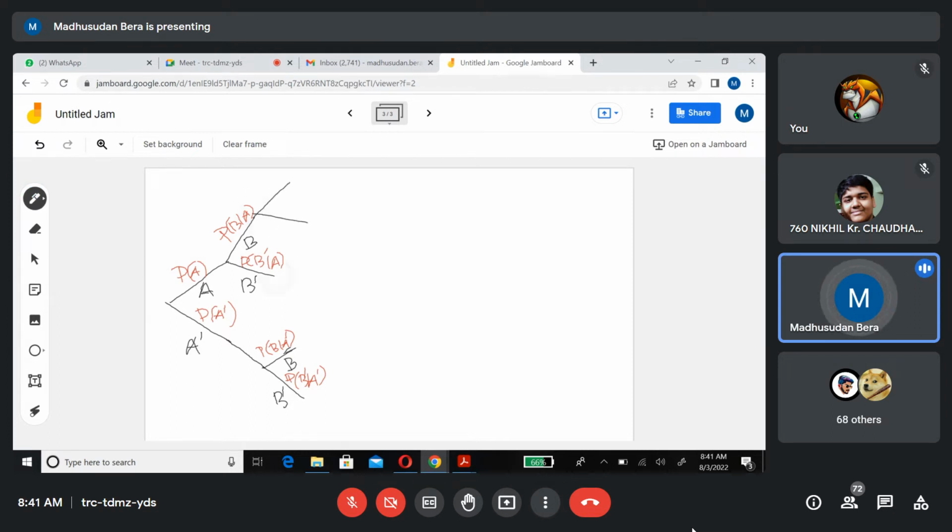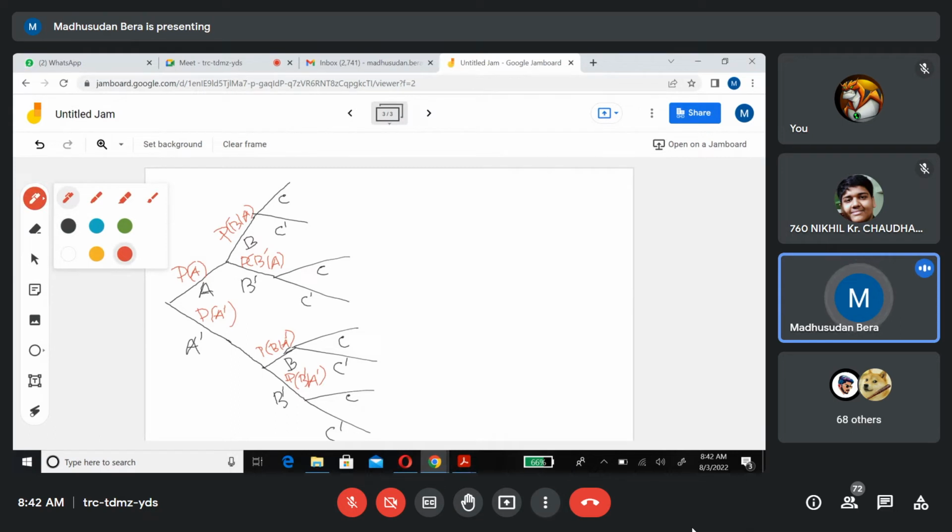2 branches here, also 2 branches here, here also 2 branches, here also 2 branches. Now here it is either C or C dashed. Either C or C dashed, C, C dashed, C, C dashed. Then we will assign the probabilities.